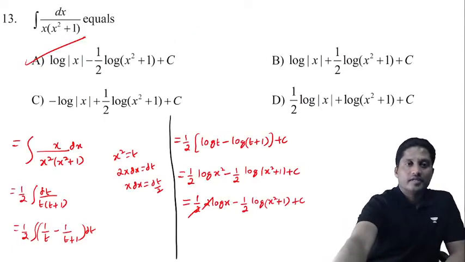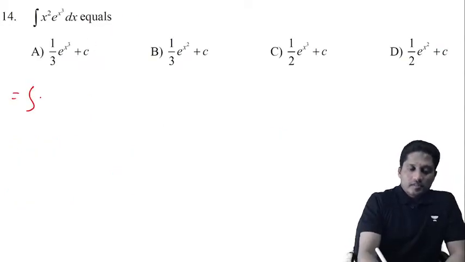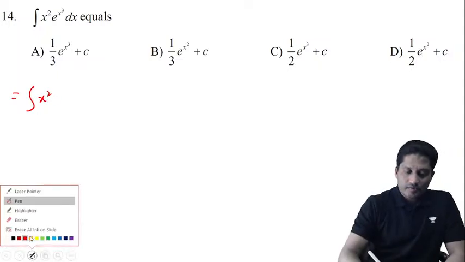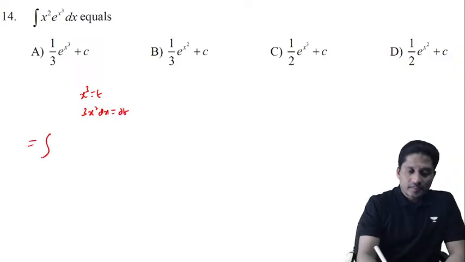Okay, question number 14. This is x square e power x cube. So it's a direct question. I'll put x cube is equal to t. Differentiation of x cube is 3x square dx is equal to dt, right? So this becomes e to the power of t, and x square dx is dt by 3.